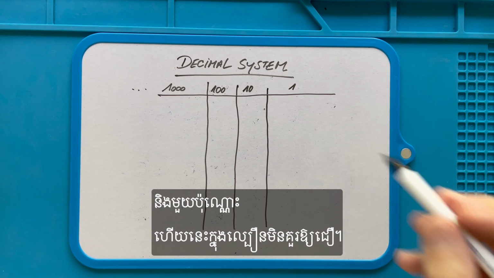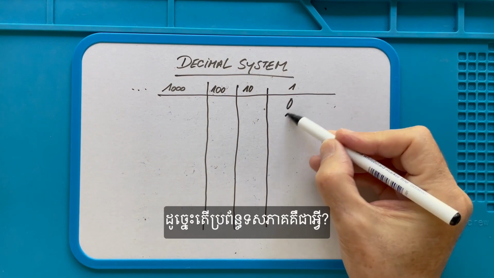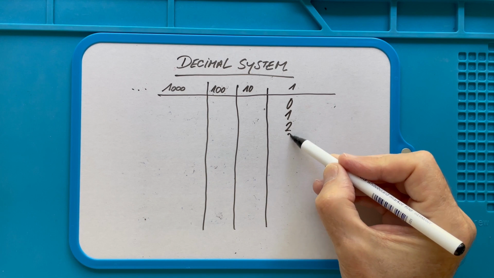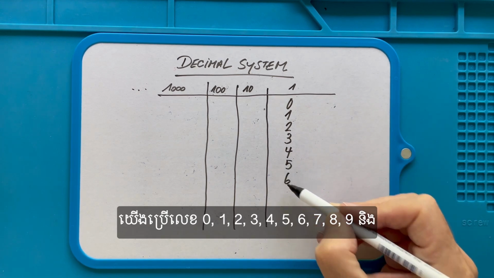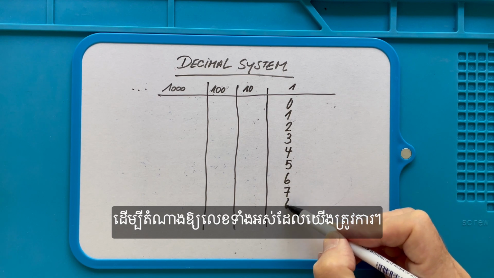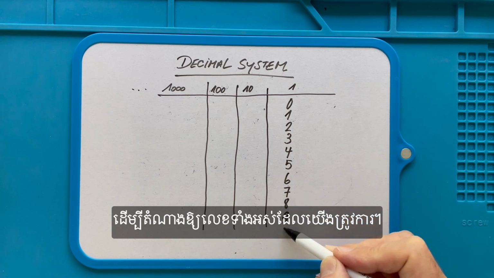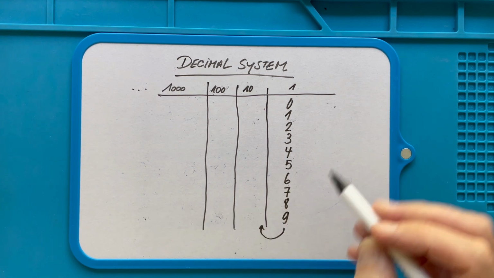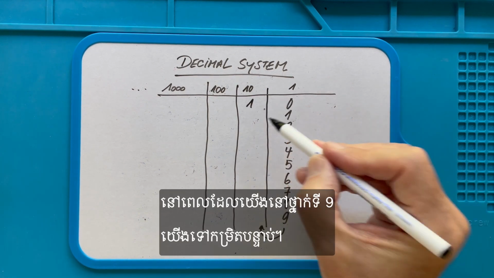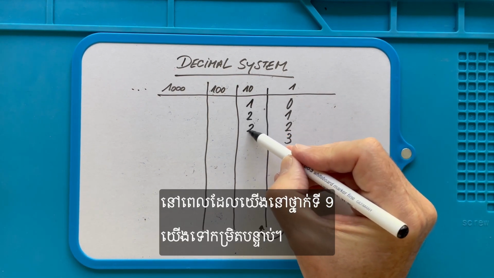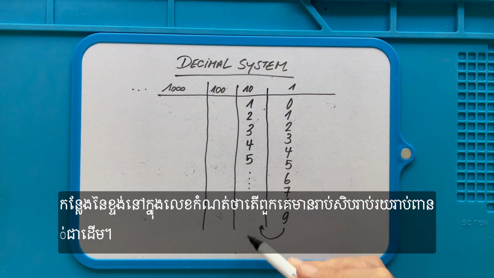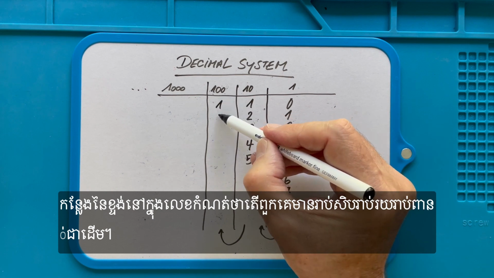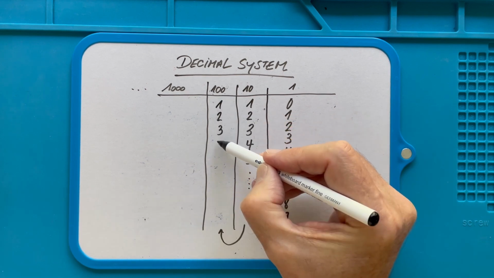We use the numbers 0, 1, 2, 3, 4, 5, 6, 7, 8, and 9 to represent all the numbers we need. Once we are at 9, we go to the next level. The place of the digit in the number defines whether they are tens, hundreds, thousands, and so on.